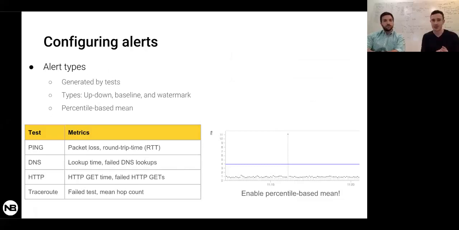In this table, you can review the metrics that we monitor at the moment, and that can generate alerts. So you can get alerts based on packet loss, round trip time, DNS lookup time, and so on. Again, they're listed in the table here in the slide. And based on those data points, there are different types of alerts that you can be notified about.